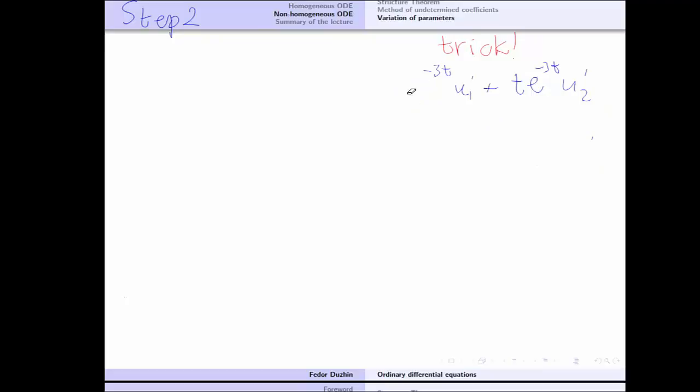The first extra condition is from the trick, and the second extra condition is from requiring the final result to be a solution of the original differential equation, right?